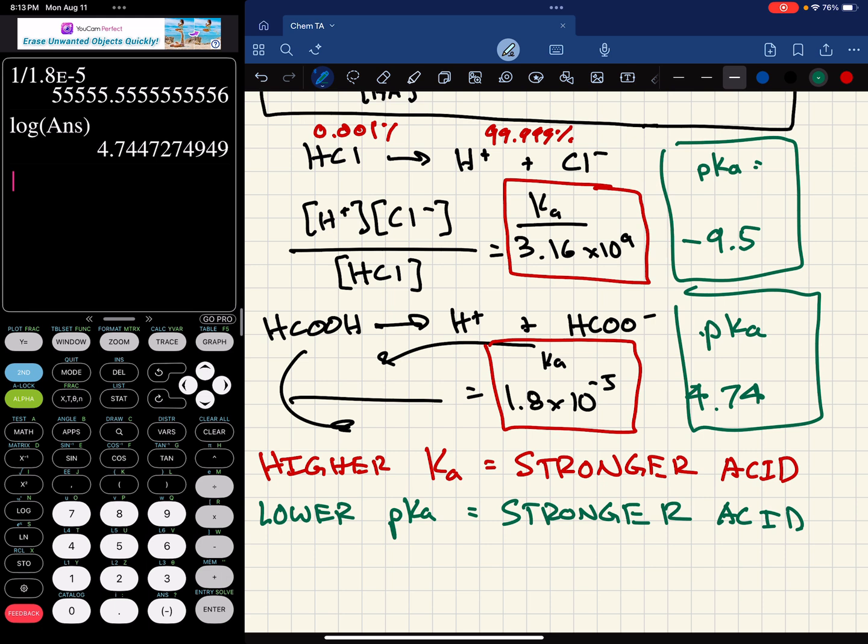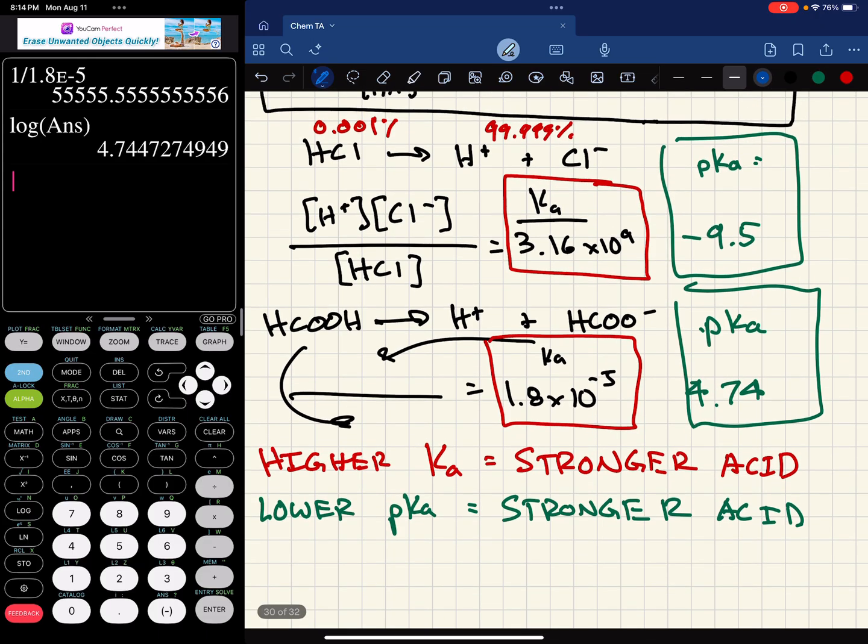Base strength is a little bit different. With bases it's the same thing, but instead of Ka, you would get a Kb value. I think you did learn about this. It's the same expression, but on the base end, where we take the OH minus concentration. I don't even think you need to know that, but it's the same concept.